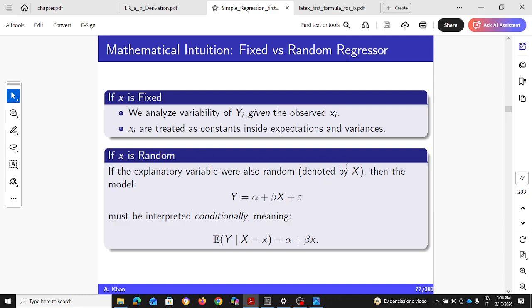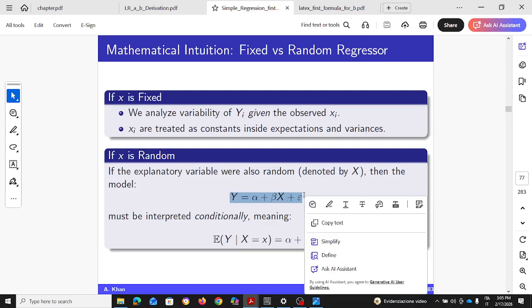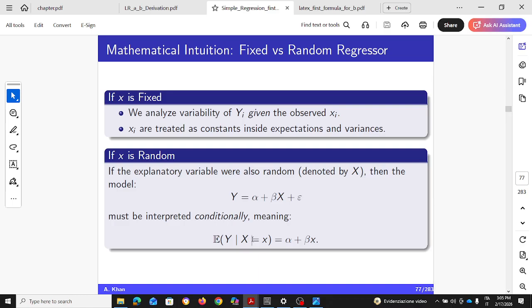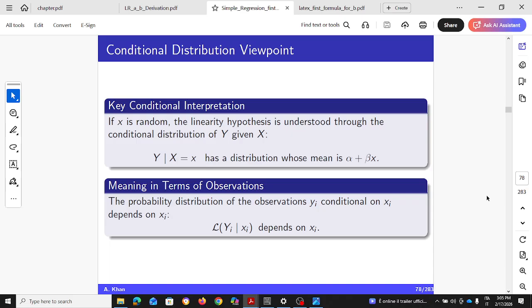This is our equation. Now x is taking each time a different value. Clear? Day 1, day 2, we have a different, random value. So the expectation of y given capital X, where the experiment takes a random value, is equal to this now.